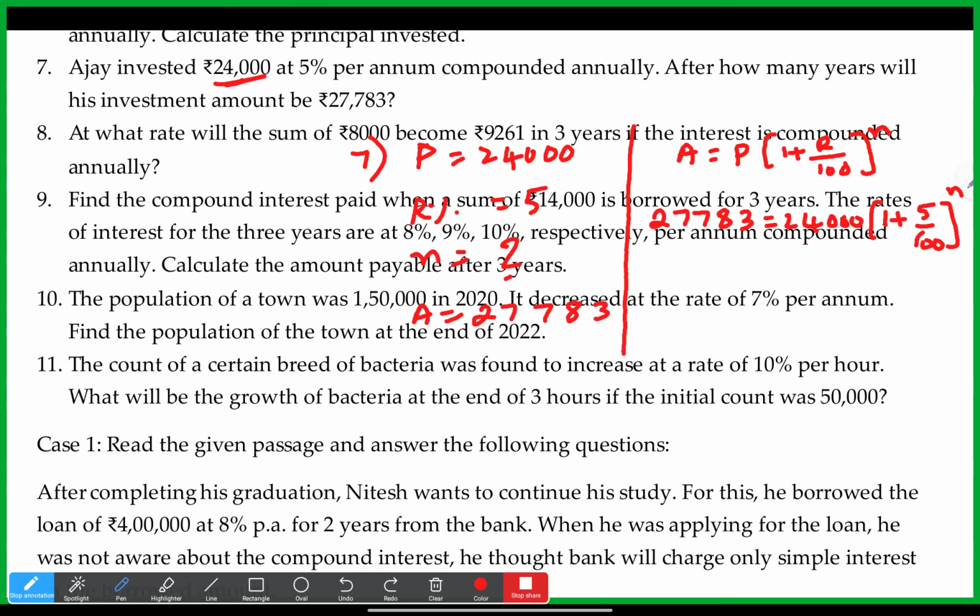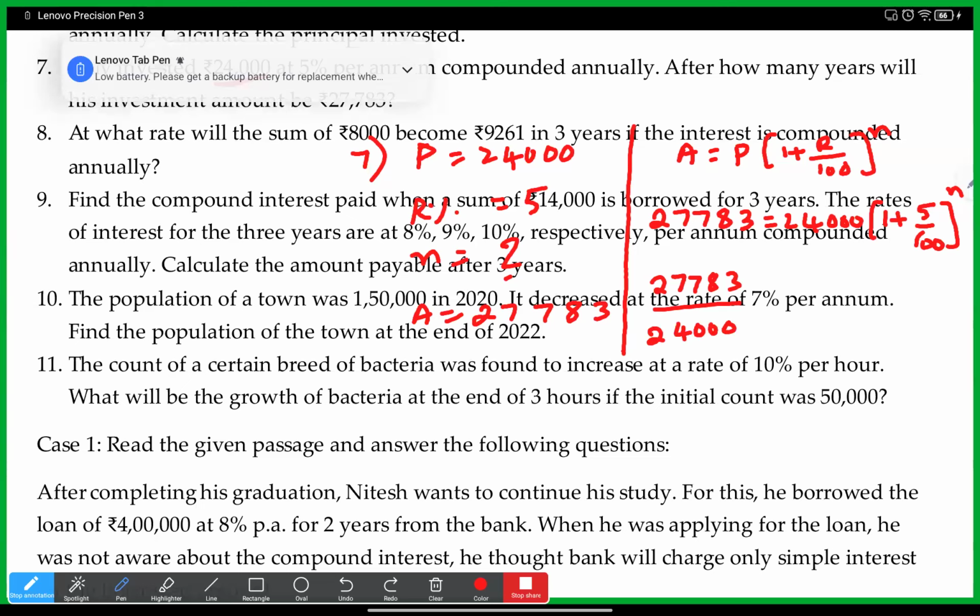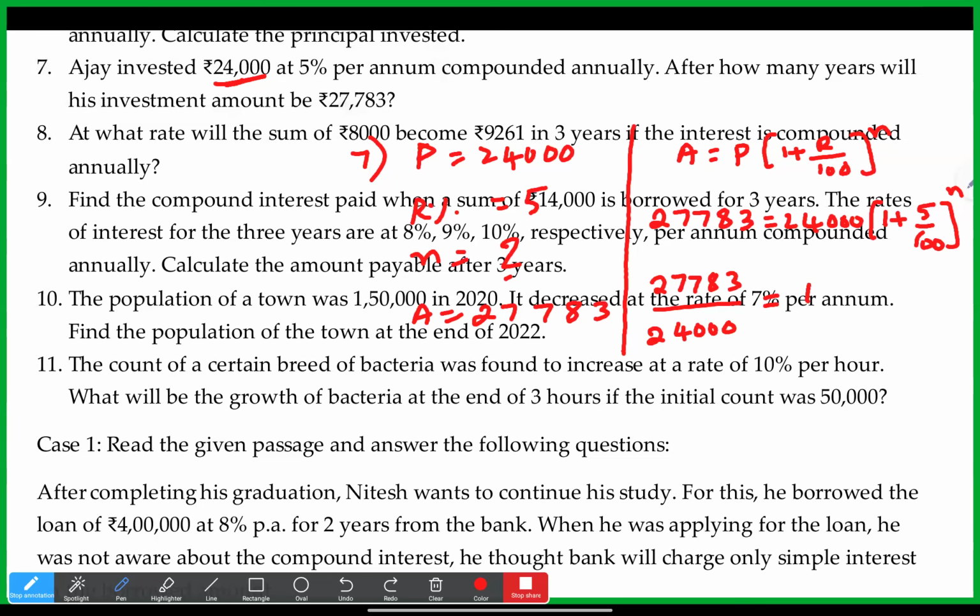So this 24,000 will come to the left side, it is multiplied, no? It will come to the denominator. Is equal to 1 plus 5 by 100 whole power n. Now, we can do some cancellations here. These two together, will they go with any number? Should definitely go actually.